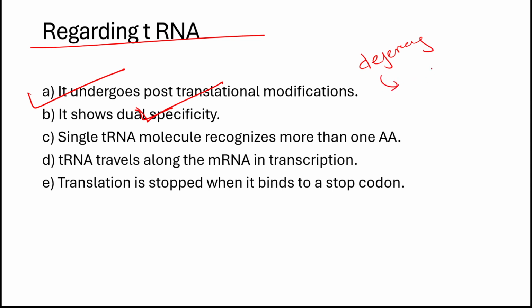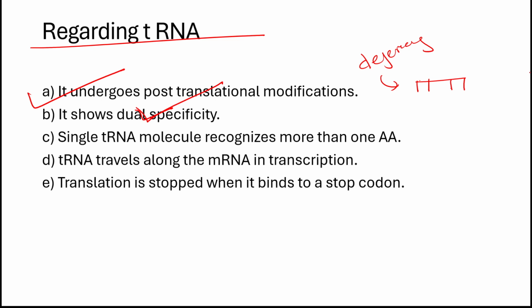The tRNA molecule anticodon has a possibility to show wobbling phenomena, so it can identify more than one codon.